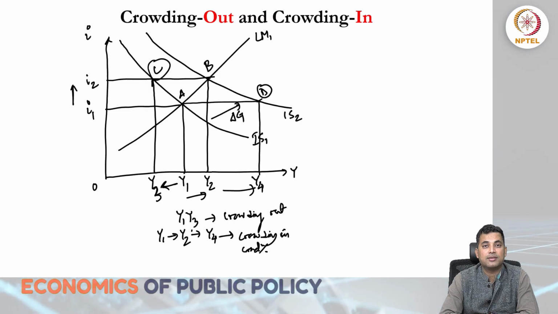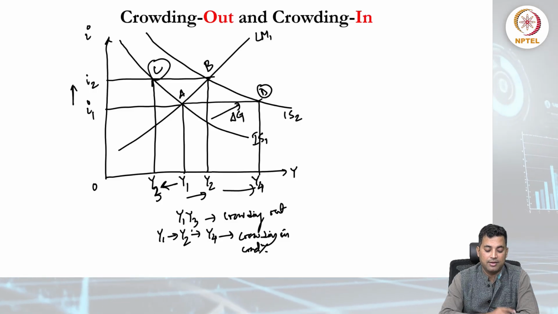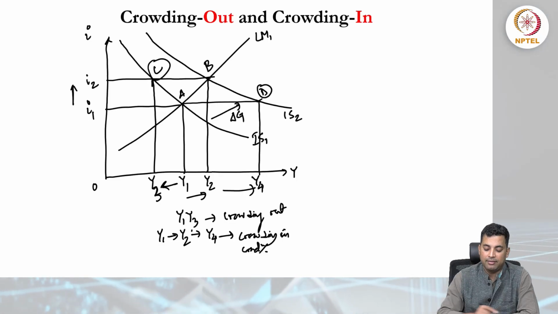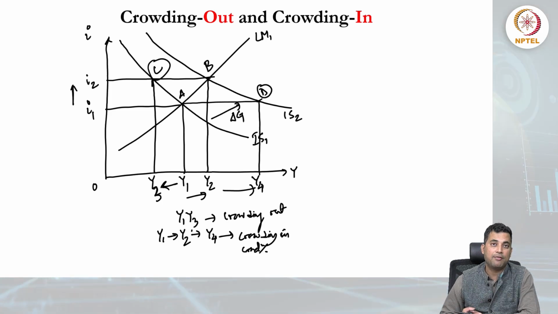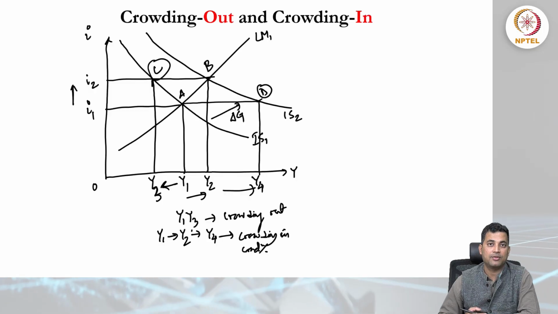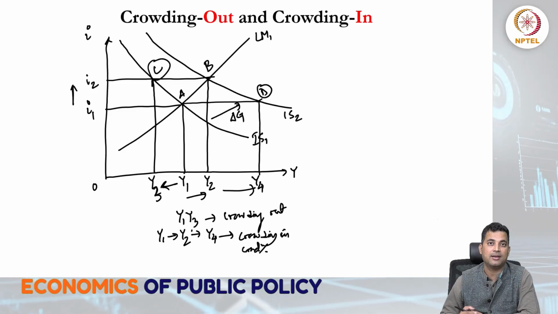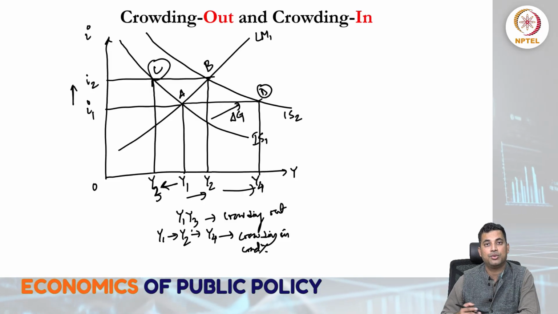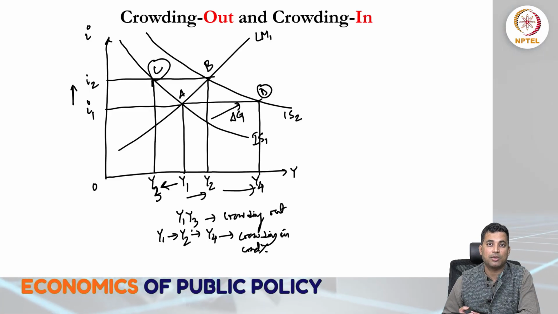When the economy is very weak and government wants to encourage more and more investors, then definitely rate of interest has to be fixed at a very low rate, which is OI1, and we can see that by lowering the rate of interest, total output will be increased. If the economy is strong, and government wants to play as a monopoly, to move private players out of the market, the simple way is to raise the rate of interest for borrowing, so that private investors or producers will be out.